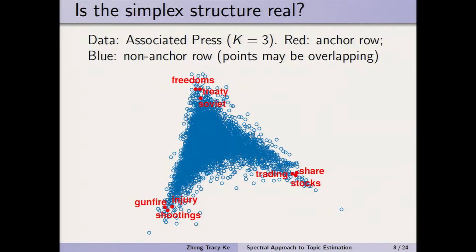This is the plot of the rows of the matrix R hat from the data, and you can see a very clear triangle shape there. Those words that are close to one vertex tend to be the anchor words of a topic. These are anchor words of the topic politics, anchor words of the topic crime, anchor words of the topic finance. So the real data fit our theory very well, which is very encouraging.